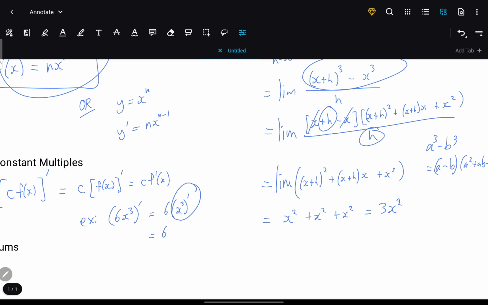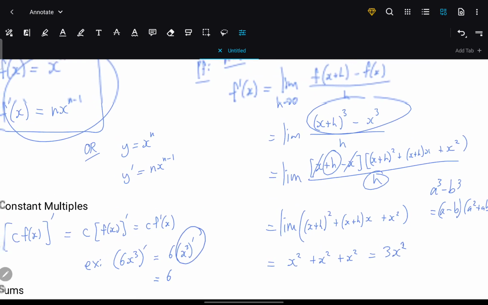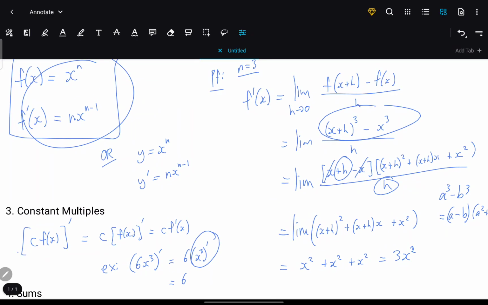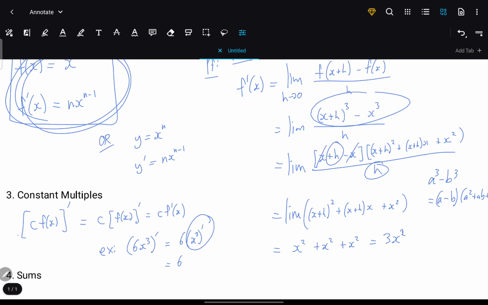Now the derivative of x cubed is, we'll use our formula up here. You just descend the 3 and subtract 1 from the exponent. And then I do 3 times 6 to get 18 x squared.